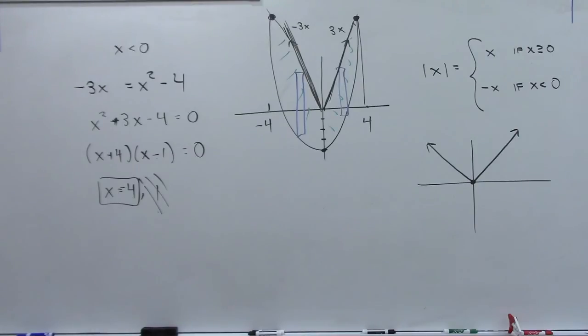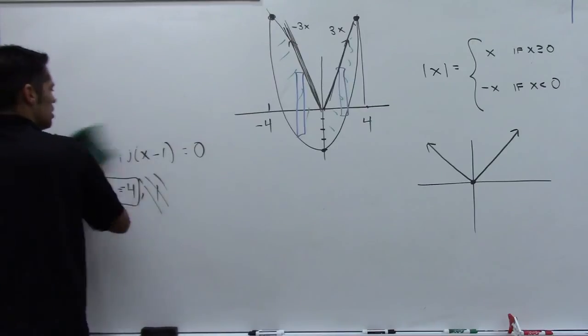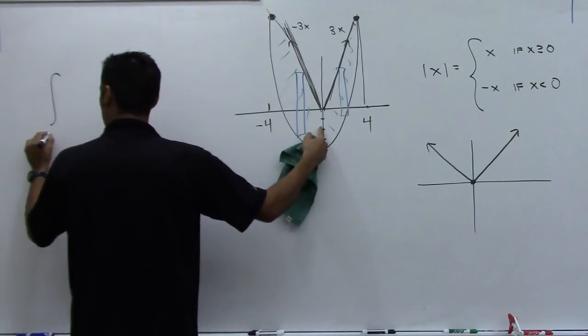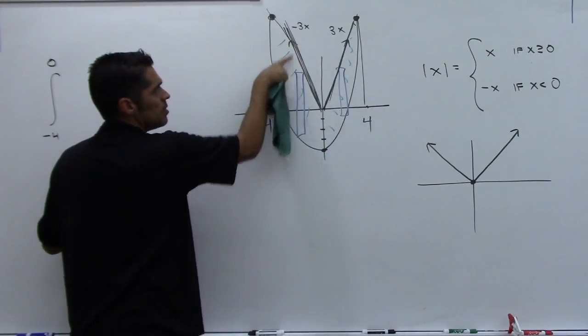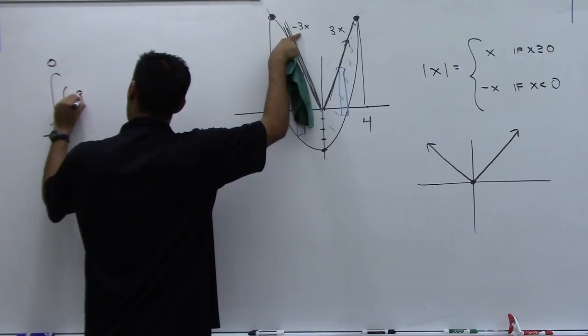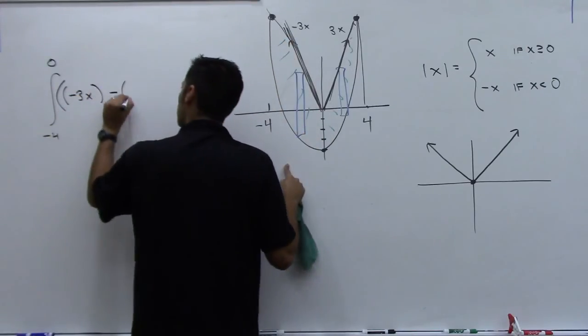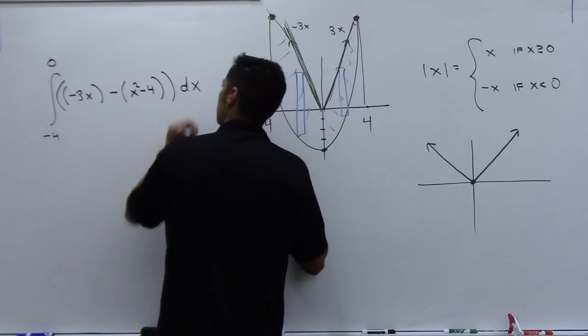All right, now I'm ready to set up integrals. I'm going to set up two of them. The first integral goes from -4 to 0. It's the top function, which is -3x, minus the bottom function, which is the parabola, x squared minus 4, dx.